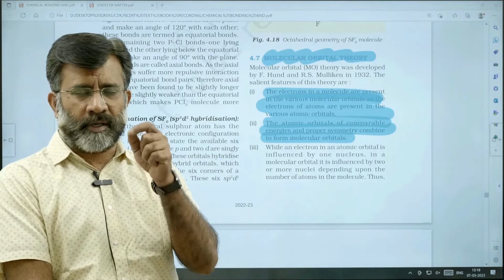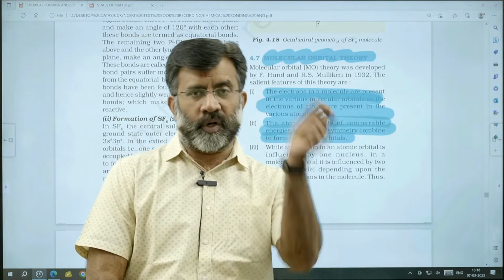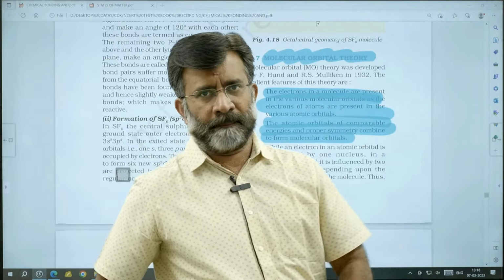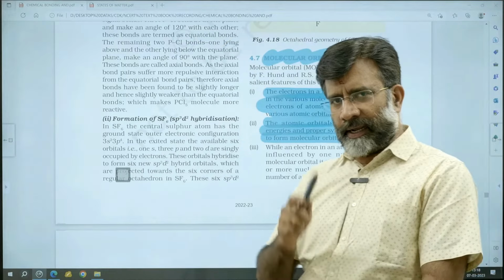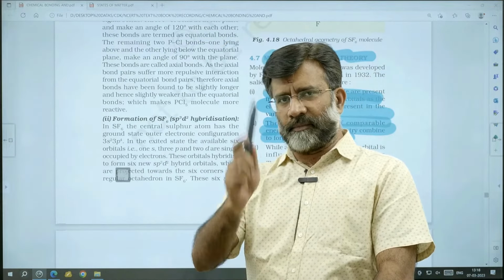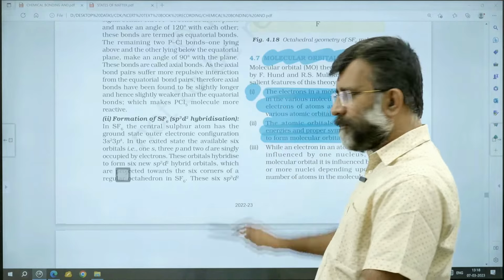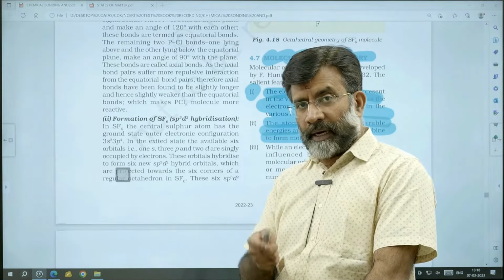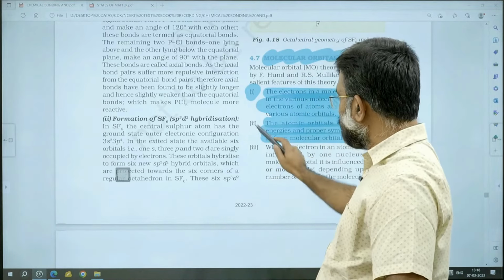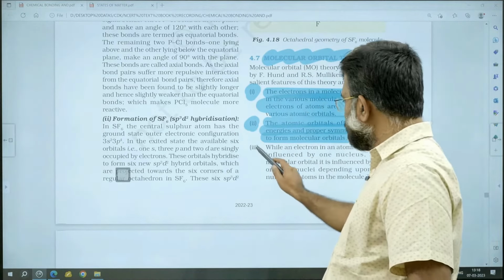Molecular orbitals are obtained by the combination of atomic orbitals. So in an atom, electrons are present in atomic orbitals. In a molecule, electrons are present in molecular orbitals.